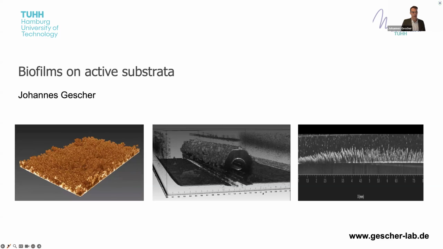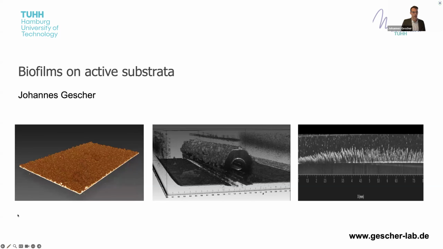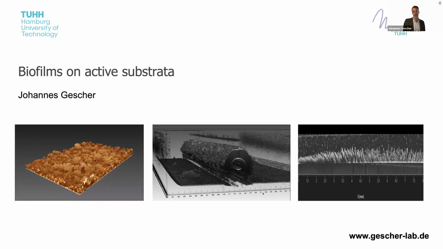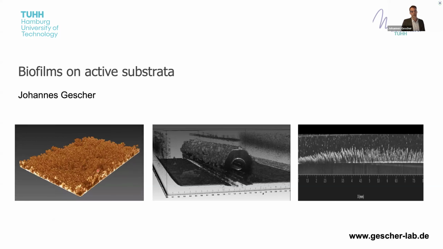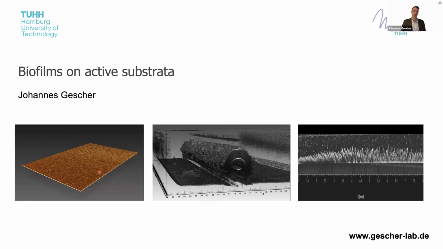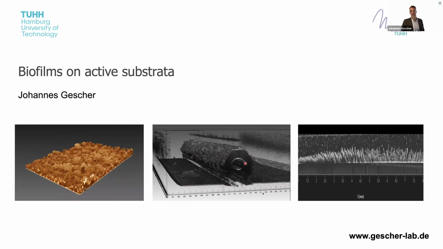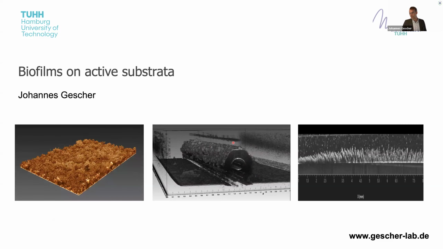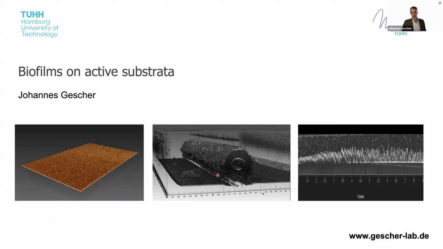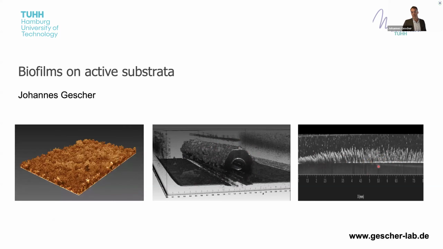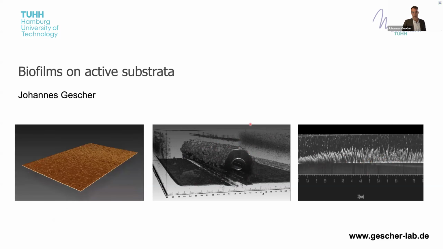On the left-hand side, you see a biofilm growing on a cathode, supplied by energy from the cathode. In the middle, you see something that we deal with in the BioOctane process, a biofilm growing on a membrane fiber. And last but not least, on the right-hand side, you see a biofilm growing on an anode surface.